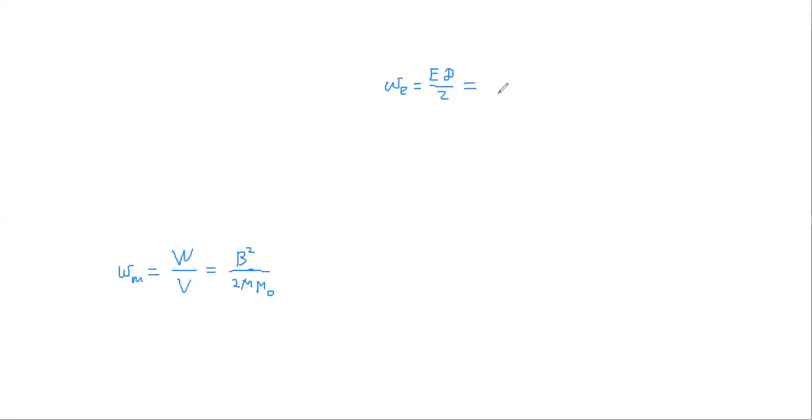And this is the same as D to the power of 2 divided by 2 epsilon 0, and this is the same as epsilon 0 electric field intensity to the power of 2 divided by 2.